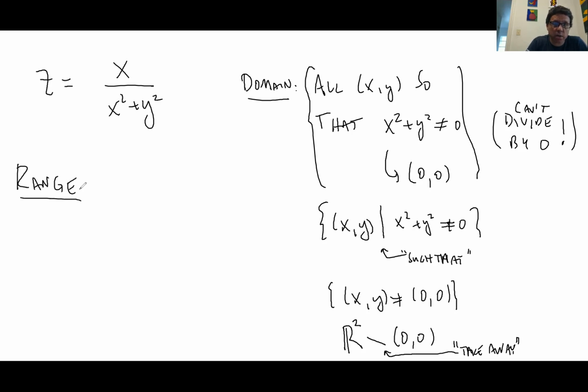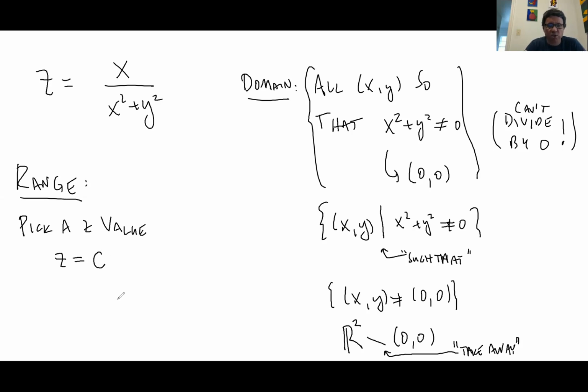well, let's see. This will actually help us with the level curve. So we want to know what are the possible z values that will come out of this. So let's just pick a z value and see if we can hit it. And if we can, then it's in the range. If it's not, then it's not in the range. So let's pick a z value, and I don't really want to use z, so let's just use another letter.